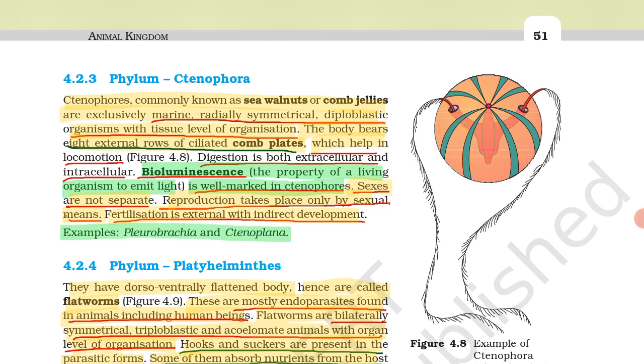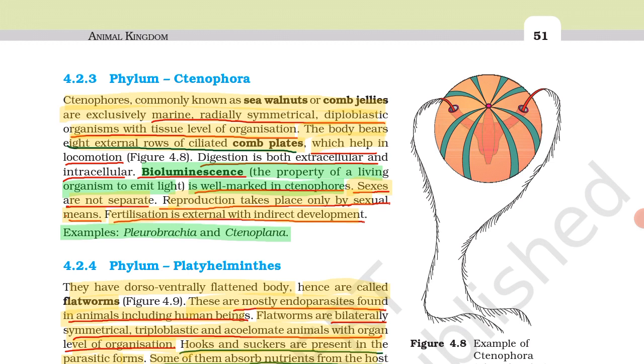Ctenophores are also hermaphrodite. Reproduction is sexual, and fertilization is external with direct development. For each phylum you have to write where the fertilization is external, where the digestion is internal or external, and whether the development is direct or indirect, so it will be confusing across all the phyla.